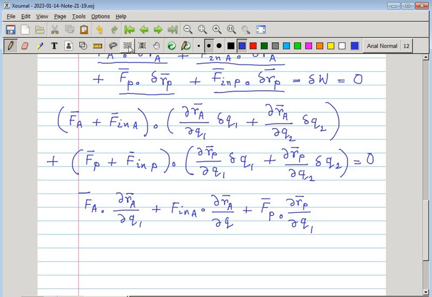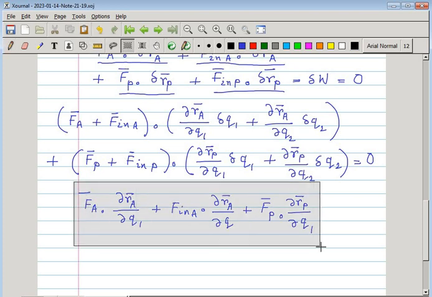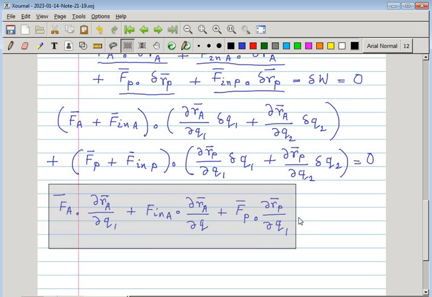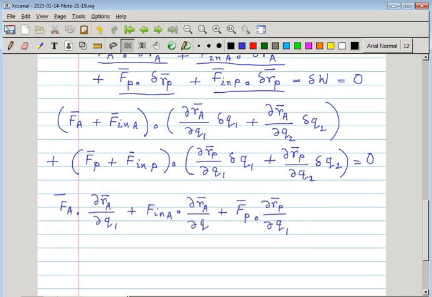So let me move this a little left. Plus F in P dot del rp/del q1 del q1.